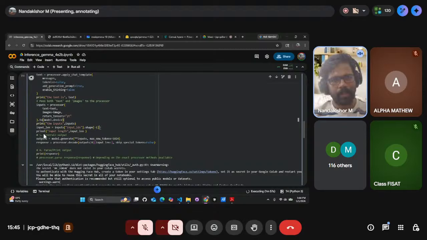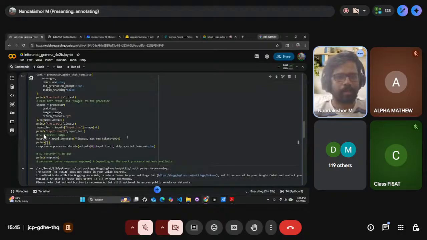Then the input length, just get the input length. Then model generate with max new tokens of 1024. Then there is processor dot decode, the decoding part, in which it will decode the outputs. You can print the outputs to get understanding if you want more debug statements. You can run it one more time.